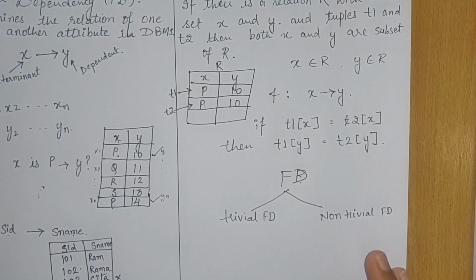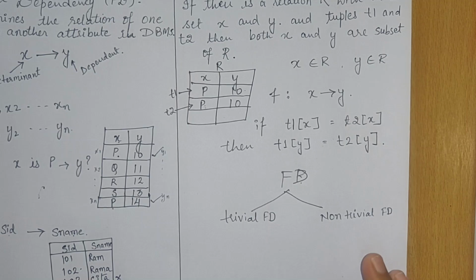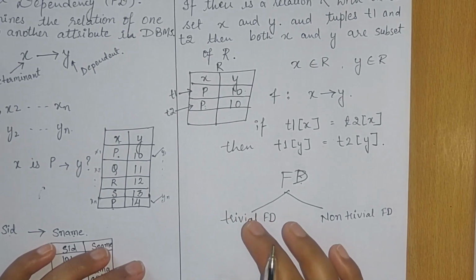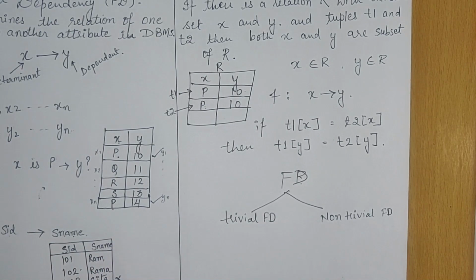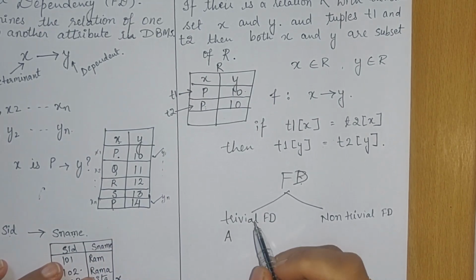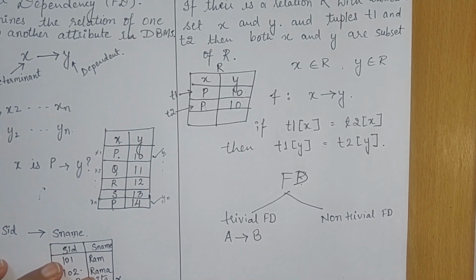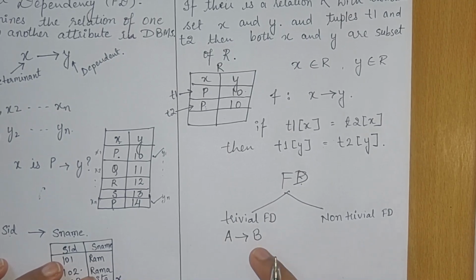We will call it a trivial functional dependency if the dependent set of attributes is a subset of the determinant. Let us suppose there is a functional dependency from A to B. Fine. So here what is the determinant? A is the determinant. What is the dependent? B is the dependent.